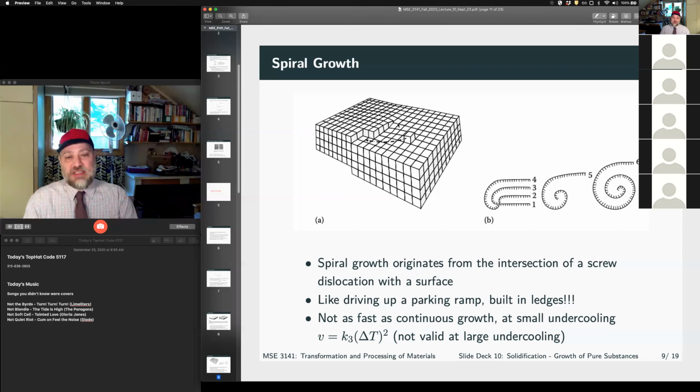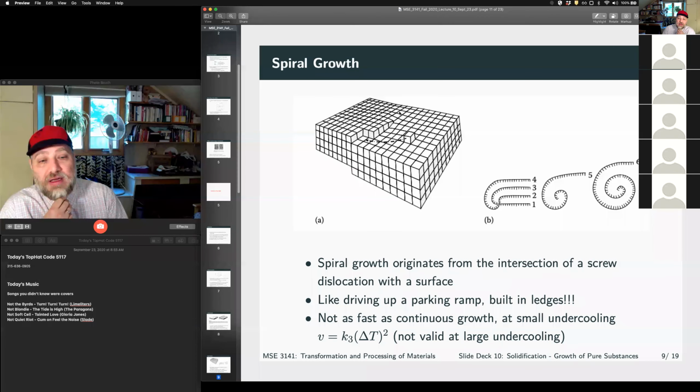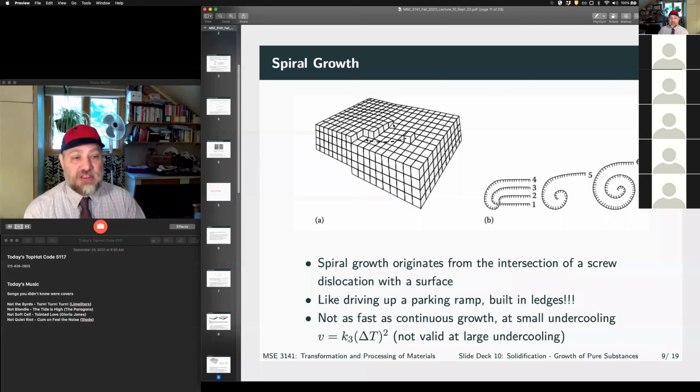Now the only real tricky part to consider, and we don't need to worry about the exact energetics of this, is what about when we grow this crystal near this dislocation core? Because the atomic structure in the dislocation core is not really well defined, calculating the energy of this is quite difficult.